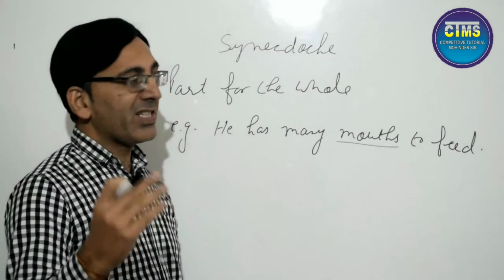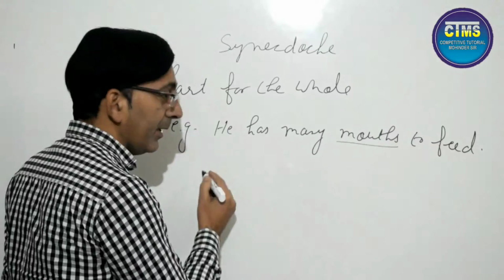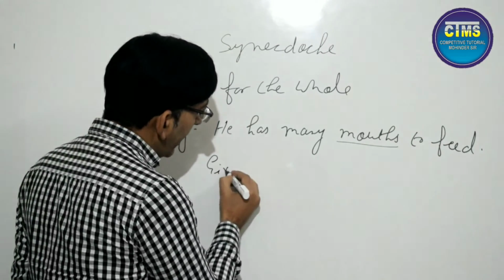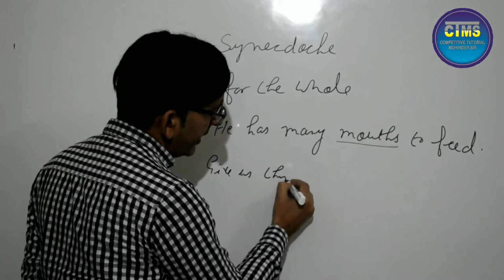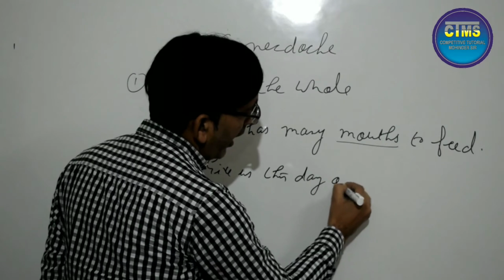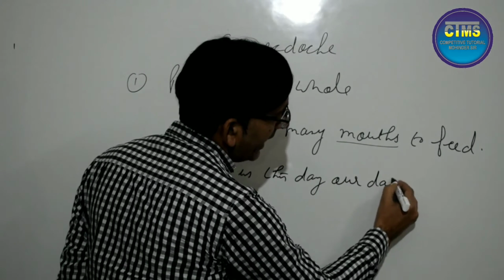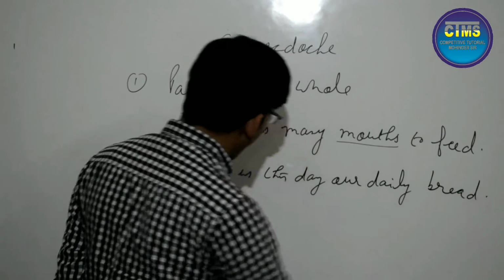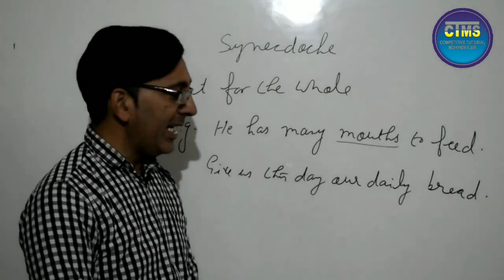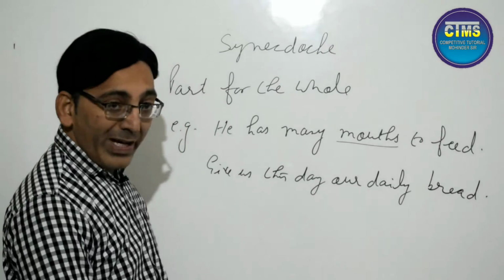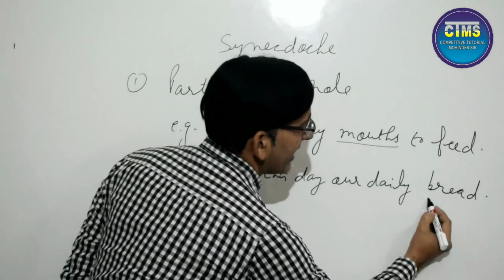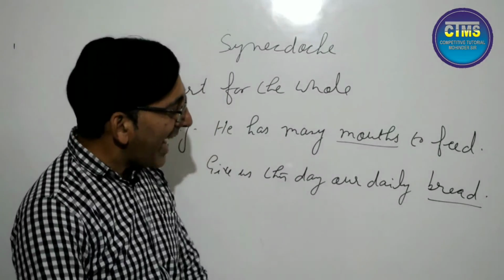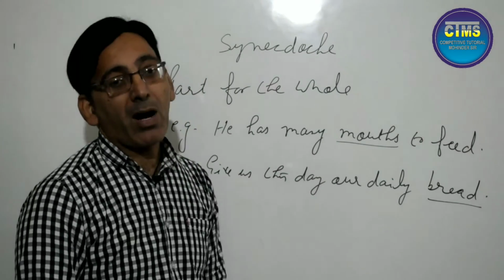I want to give you a second example also. For example, give us this day our daily bread. So here where is Synecdoche? Synecdoche is in the word bread, because again we are using the part.